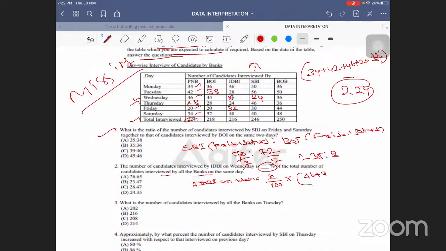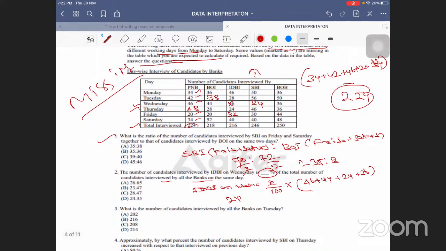46, 44 plus 24 plus 36. The IDBI value on Wednesday is 24.